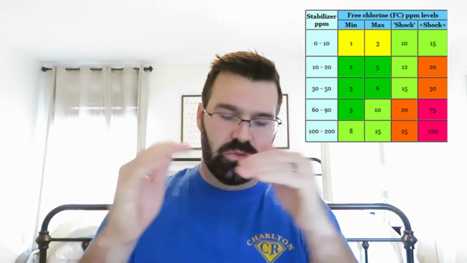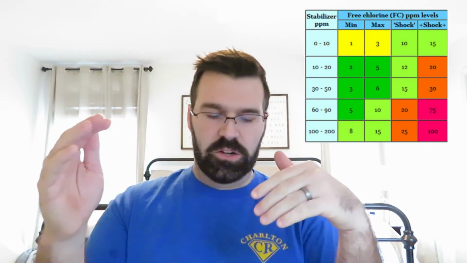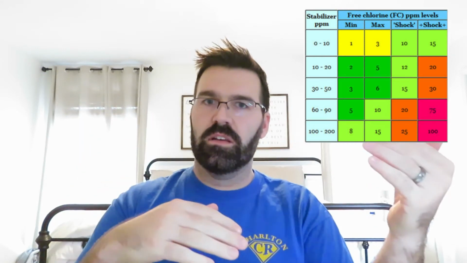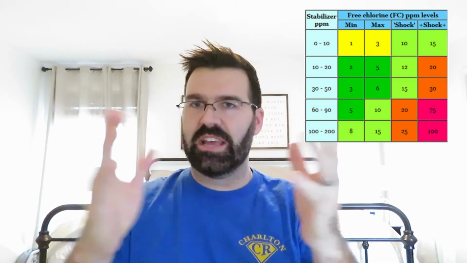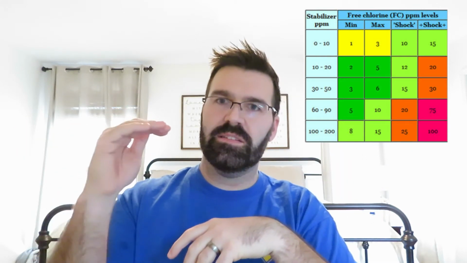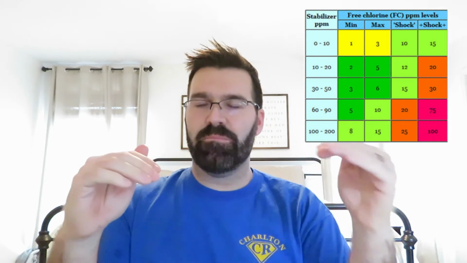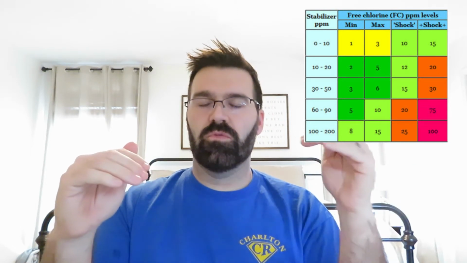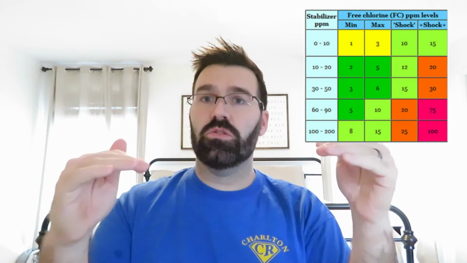So we kind of use the rule of like 7.5 parts per million per 100 gives you the 1. I like to just say 8. So at a level of 100 cyanuric acid, you need at least 8 parts per million to rid your pool of algae. That just goes to show you how much, as you're increasing, it really diminishes the effectiveness of that chlorine.